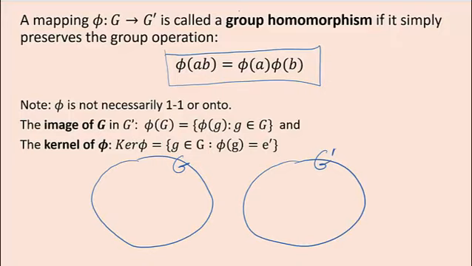Since phi is not onto, we're going to define a subset of G prime, called the image of G in G prime.